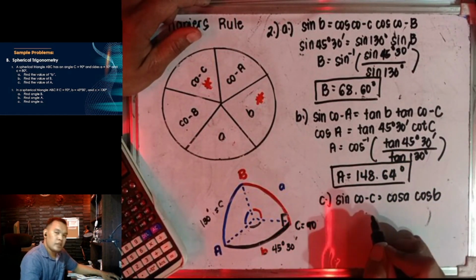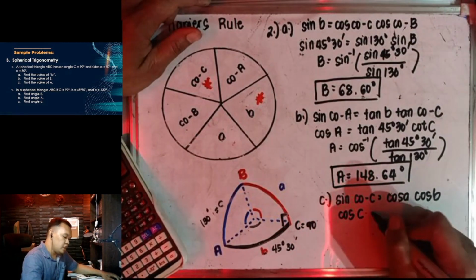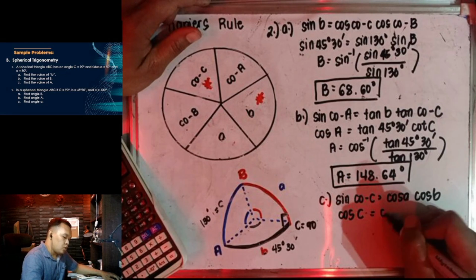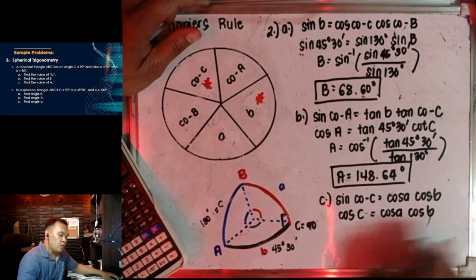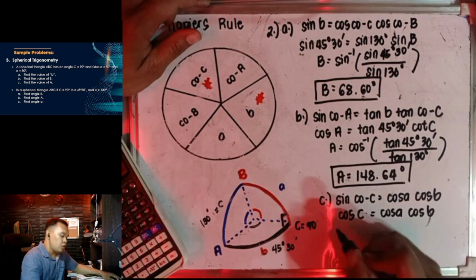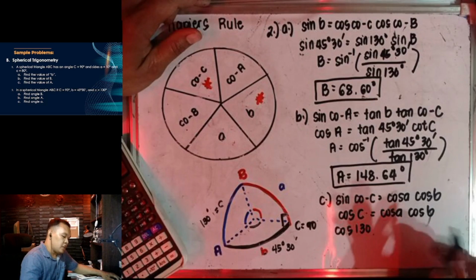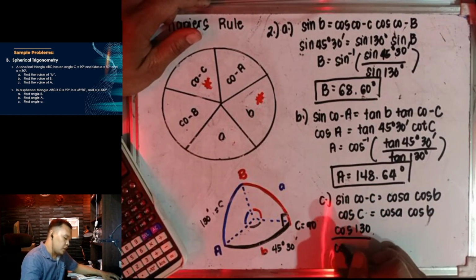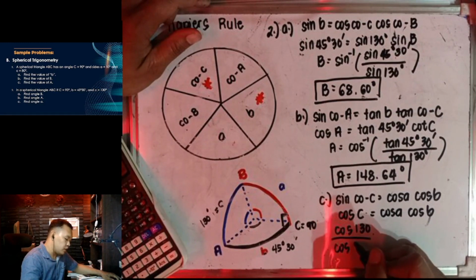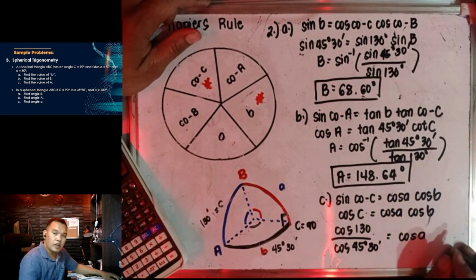So, sine cosine C is equivalent to cos A, cos B. Then, we all know that cosine C is cosine 130. Then, this cosine B here, I will transfer to the other side, it will be over cosine 45 degrees and 30 minutes, which is equivalent to cosine small a.